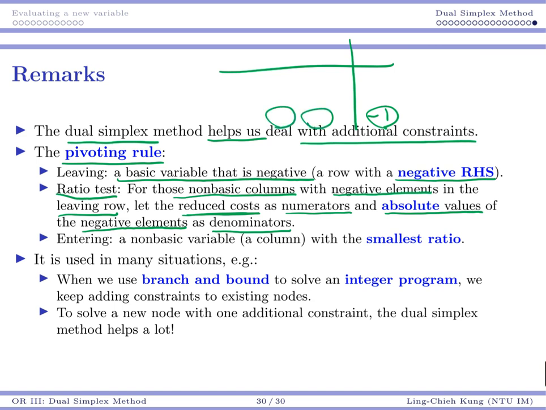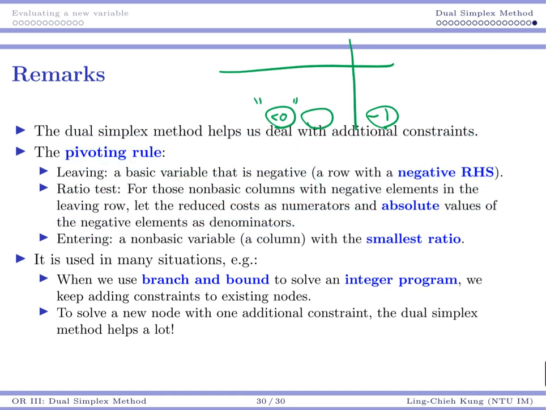So if you have multiple candidates, we focus on only those with negative numbers there. That means you need to choose a negative pivot. When you are doing the ratio test, we take the absolute value of that negative element as your denominator.